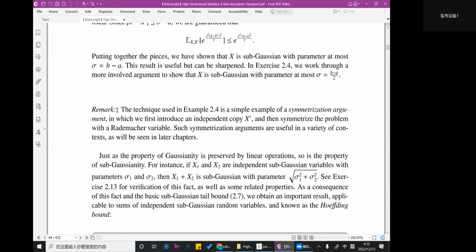Here the writer gives you the remark that the symmetrization argument technique is important in the proof of some results. This is very useful in a variety of contexts, which will be seen soon in later chapters.